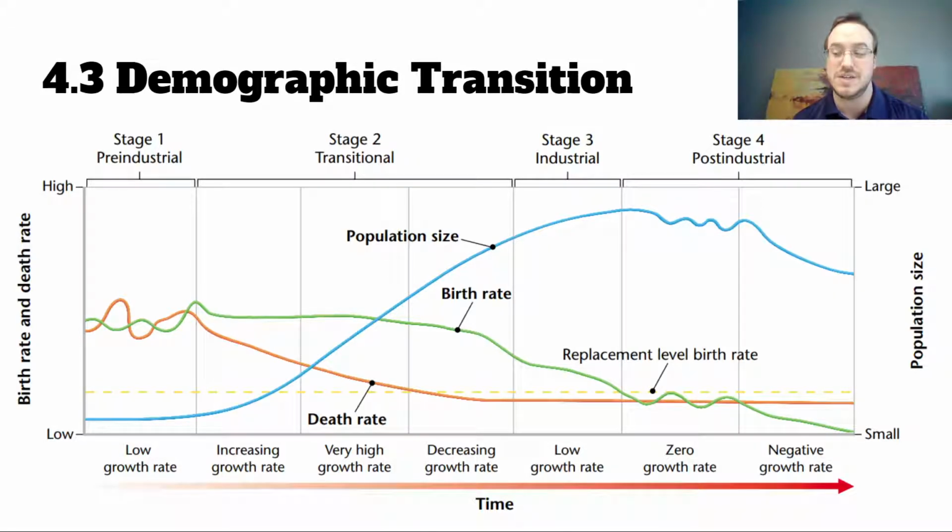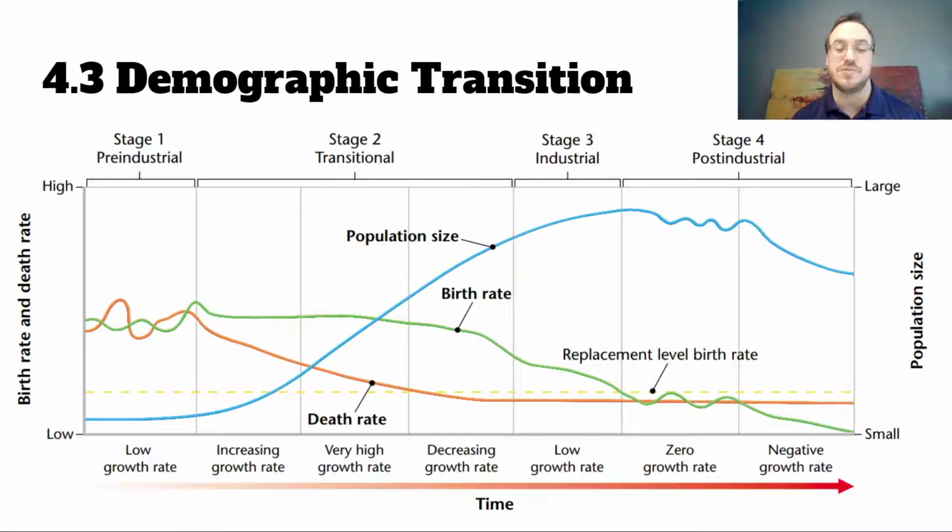This is generally due to either increase in safety factors, so people are less likely to die in their day-to-day lives. Healthcare increases, so if they do get sick, they're able to get better and recover, and a decrease in infant mortality. Right? As that continues to happen, the birth rate goes down as the population size increases.